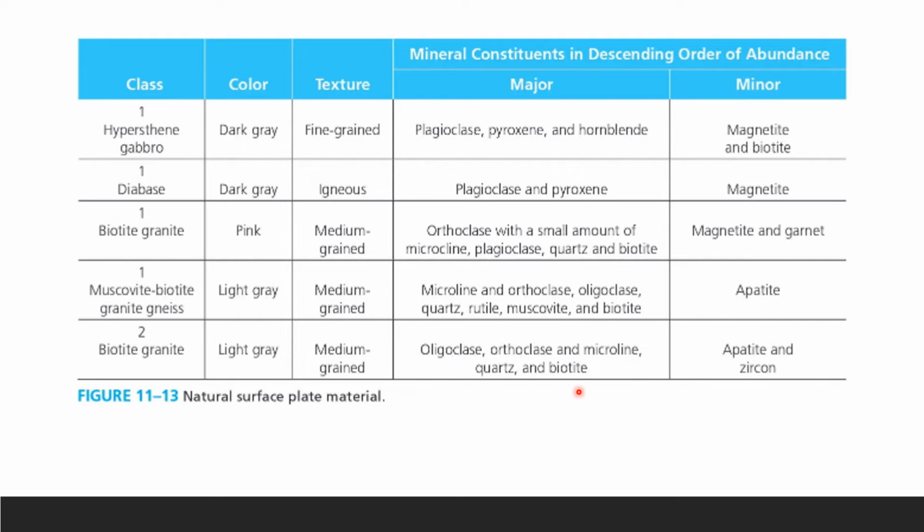Nobody is going to ask you the whole thing. I'm just trying to introduce you to the class of granite, the color, the texture, and the constituents of what they have inside. And these are just minor constituents, in descending order, and you will see the abundance.